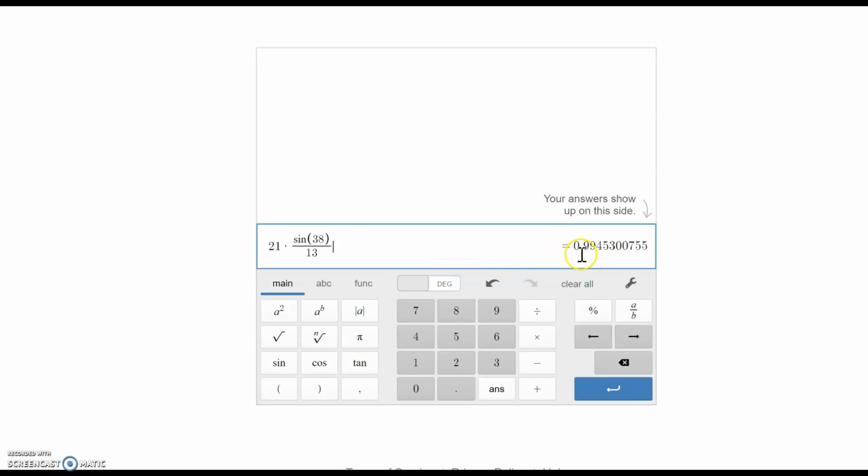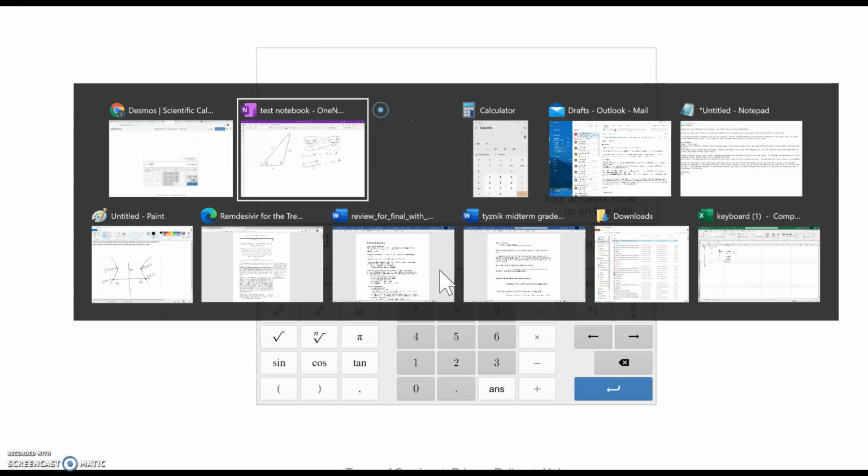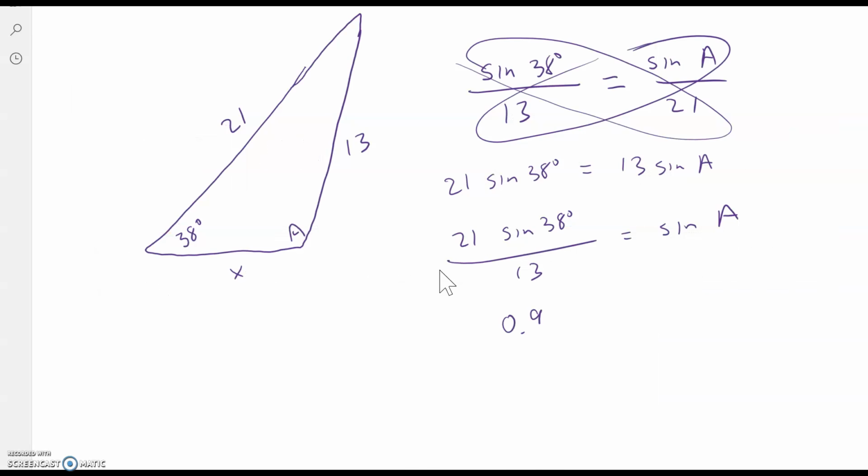So we get 0.99453. I'll just round it. 0.99453 equals sine of A. Now, one thing to keep in mind, your answer should always be between 0 and 1, because your angle is between 0 and 180.